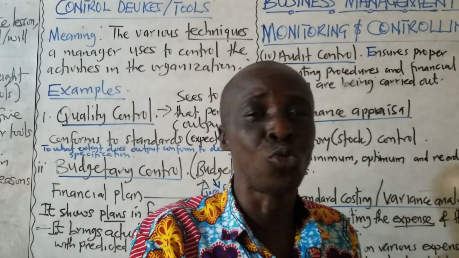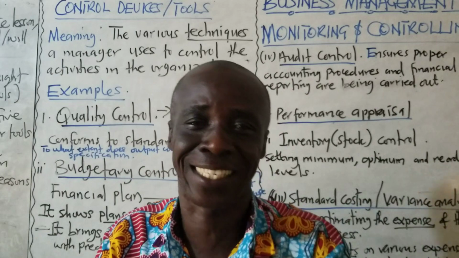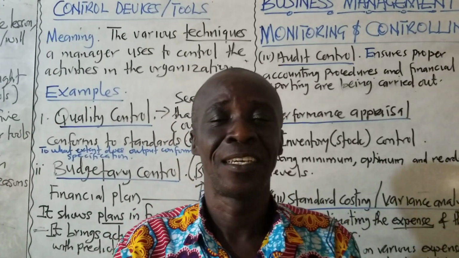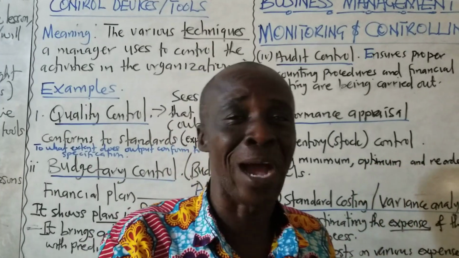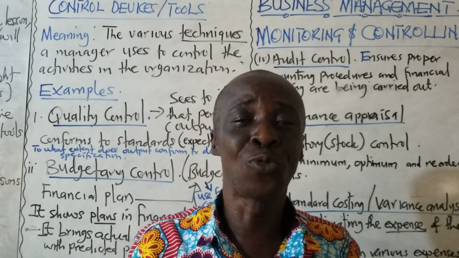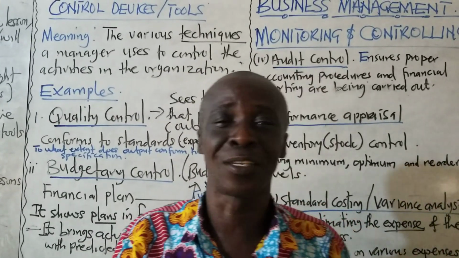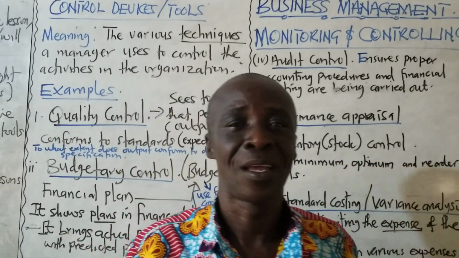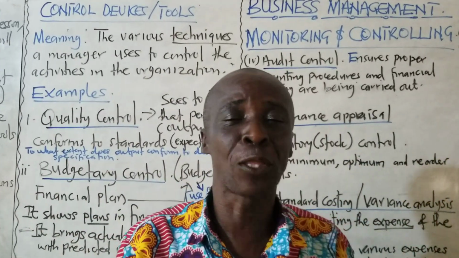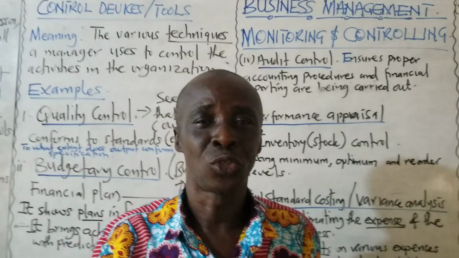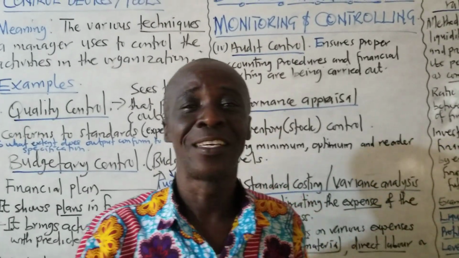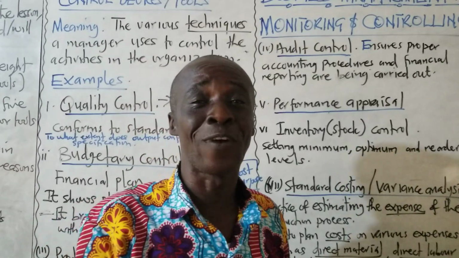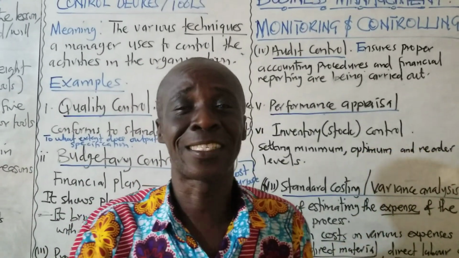So that is what we are looking at. Each tool has what it measures. Like I just said, the register has what it measures, and I've already told you. So if you are in an organization, managers have several tools they use to control the activities in the organization. And it's very simple. In fact, what we are going to learn here is at your level.